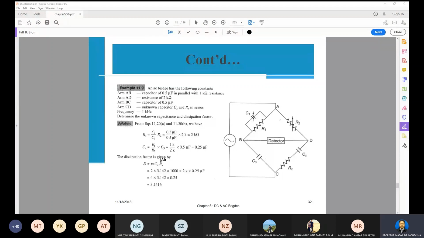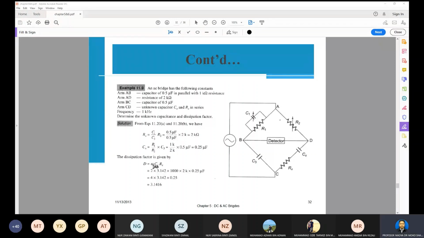And then we have to calculate the dissipation factor. That is the formula to calculate the dissipation factor. For Maxwell and Hay, normally we use Q, we measure Q, but for Schering, we have to measure D, the dissipation factor.